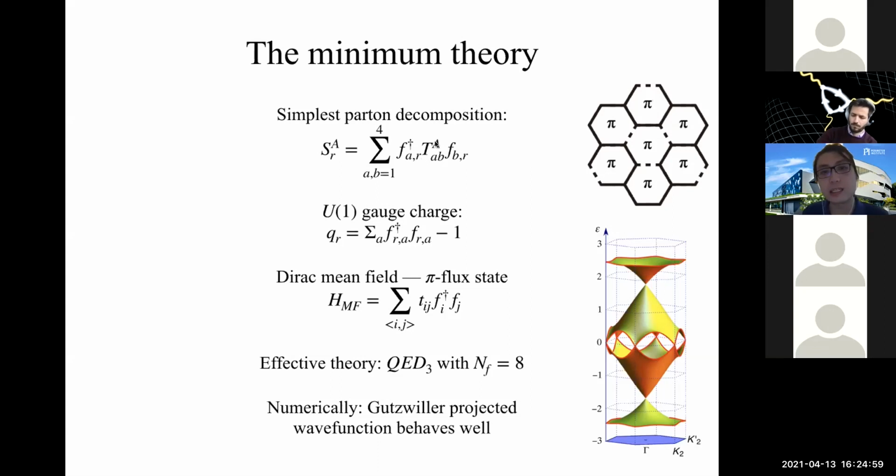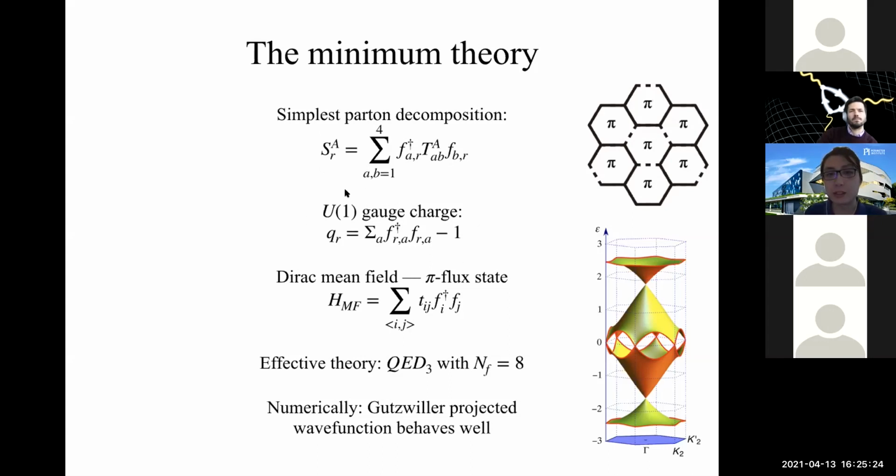So T is just a matrix that represents the SU4 generator, and F, importantly, lives in the fundamental representation of SU4. Okay? And again, this kind of rewriting introduces a U1 gauge redundancy, because you can now again redefine the F fermion by a phase rotation.